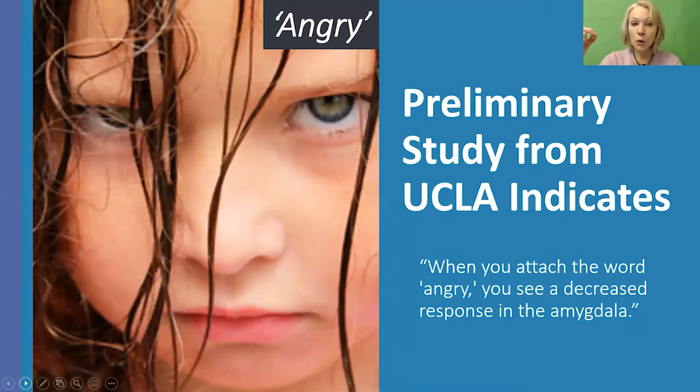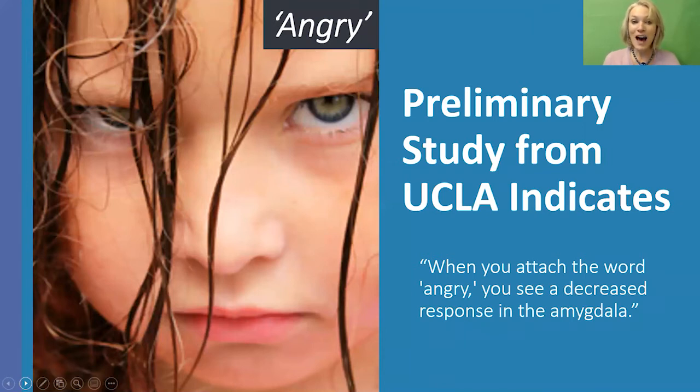Now, the prefrontal cortex is where executive function is controlled. It's where your emotions are controlled. Your inhibitory control is located in that prefrontal cortex. So just by labeling, just by giving that emotion a descriptor actually decreased that response in the amygdala and increased the activity in the prefrontal cortex.